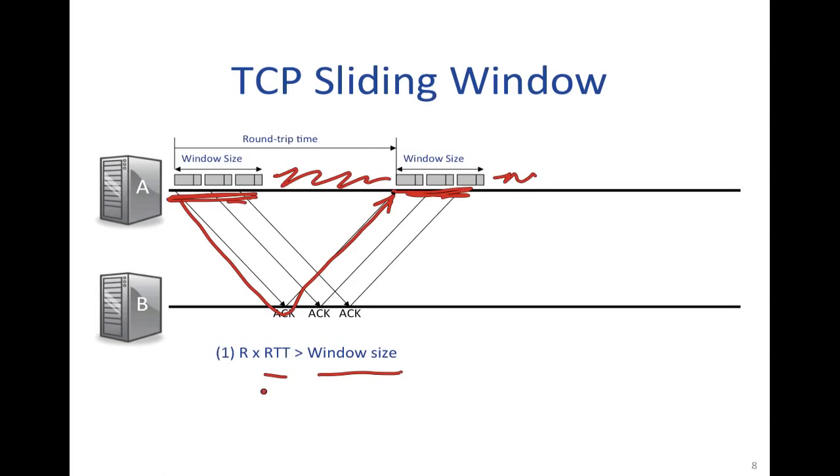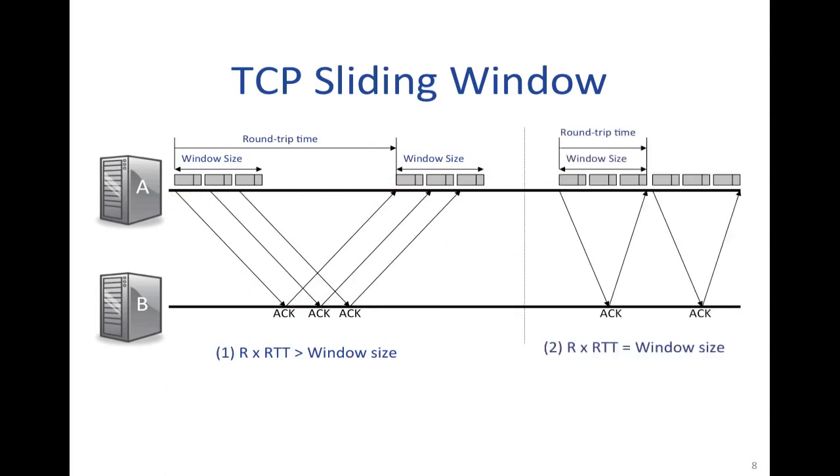Now let's consider a different case, and that is when the round trip time equals the window size. In other words, the window is exactly able to fill up the pipe. The number of outstanding packets that we're allowed to have in the network precisely fills the pipe. In this particular case, the first acknowledgement will come back just after the last packet has been sent, and so we're able to send in a continuous stream.